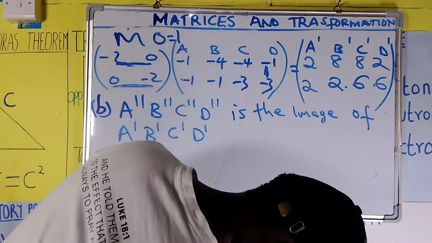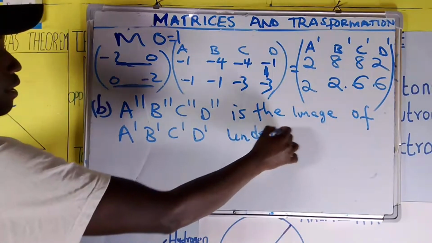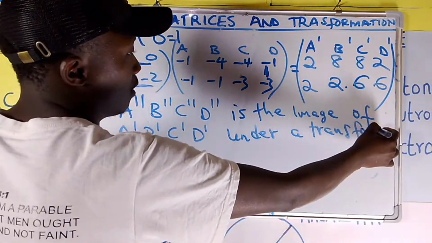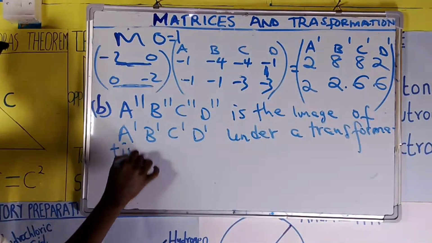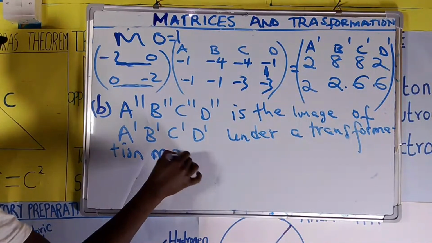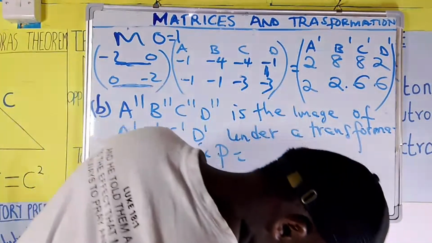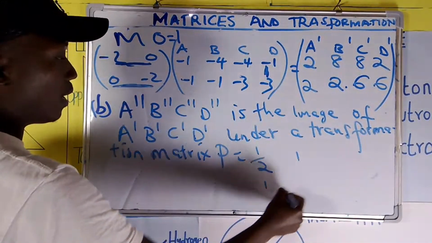Natuambia hivyo. Under a transformation matrix P is equals to a half, 1, 1, a half.